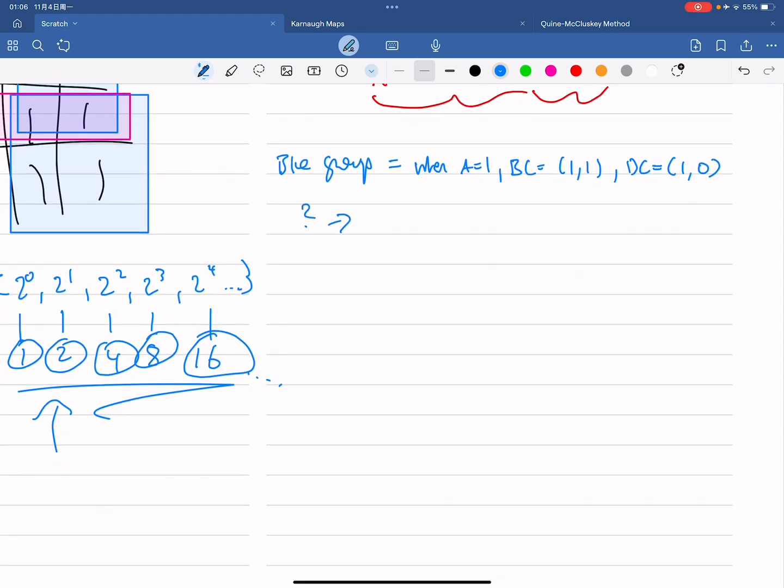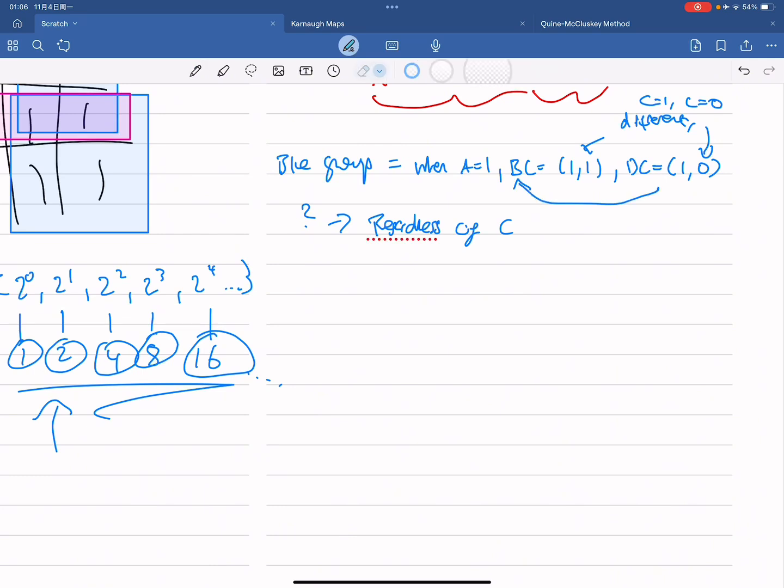What does this mean? This means regardless of C, I really can't write. So you can see here C is different, right? C equals 1, C equals 0. However, B is always 1.